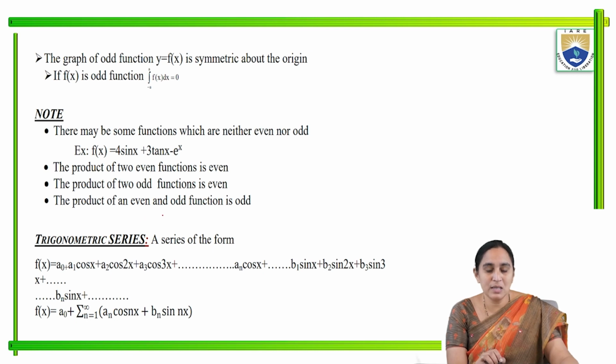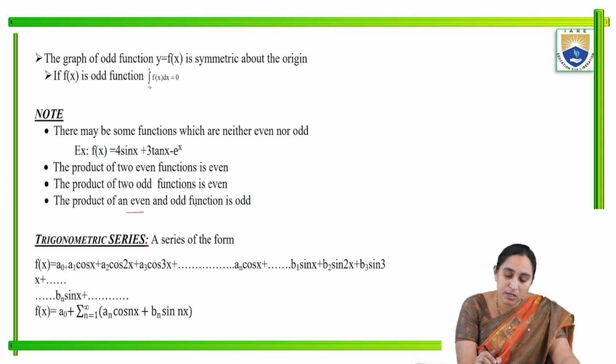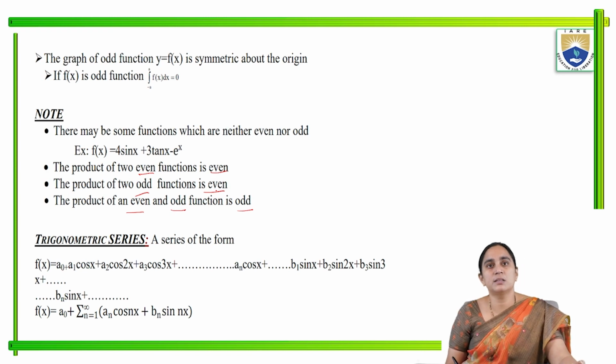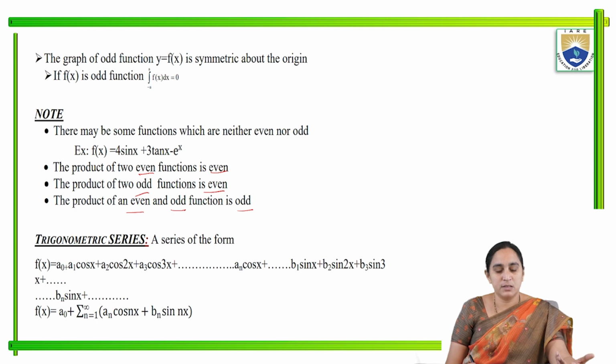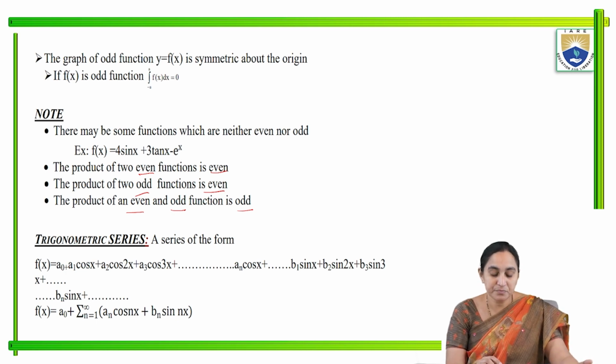The product of an even and an odd function is odd. This is the important point. These three are very important points. These are useful for the next problems.